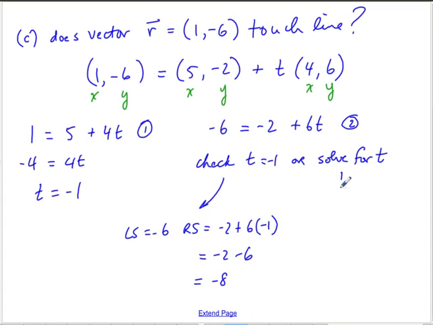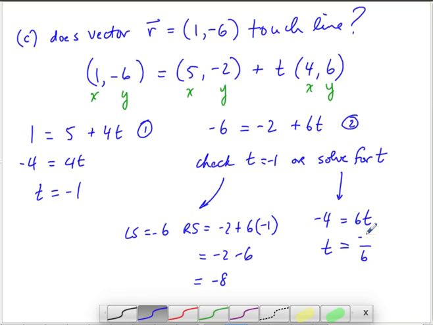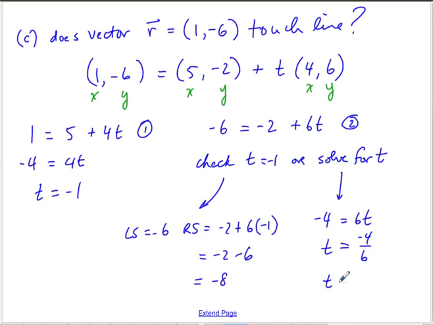Or I could do this one, which means I take the negative 2 over to the other side, and I get negative 4 when I add 2 to both sides, equals 6t, and I get t is equal to negative 4 over 6. I'm jumping ahead in some of my arithmetic here because this ends up being negative 2 over 3.